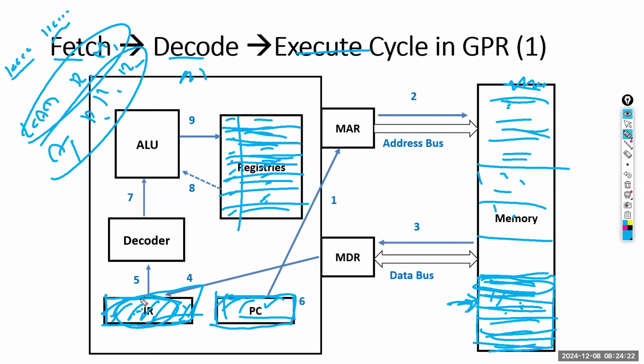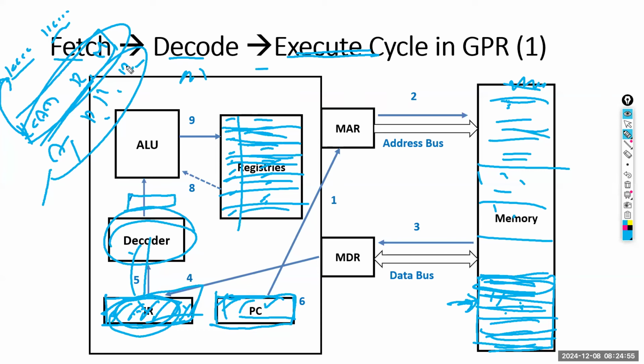So therefore, your instruction, which is in assembly code, must be further processed. That is done by the decoder. So the decoder will convert your assembly code into machine code for that instruction, right? Machine code. So once it is decoded, only then it is machine readable or hardware readable and can be executed.